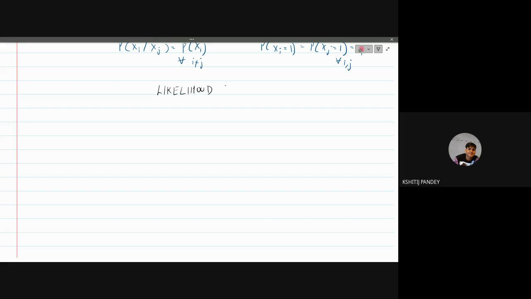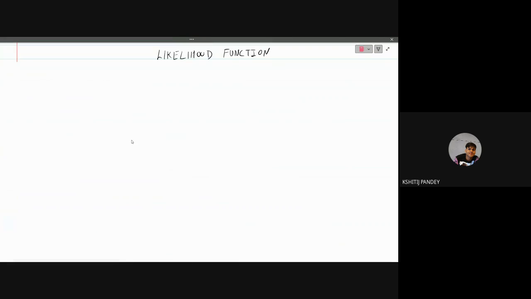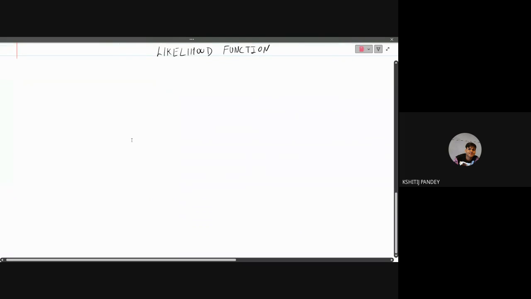Likelihood function. So for this observation, some values of p will be better than other values, right?